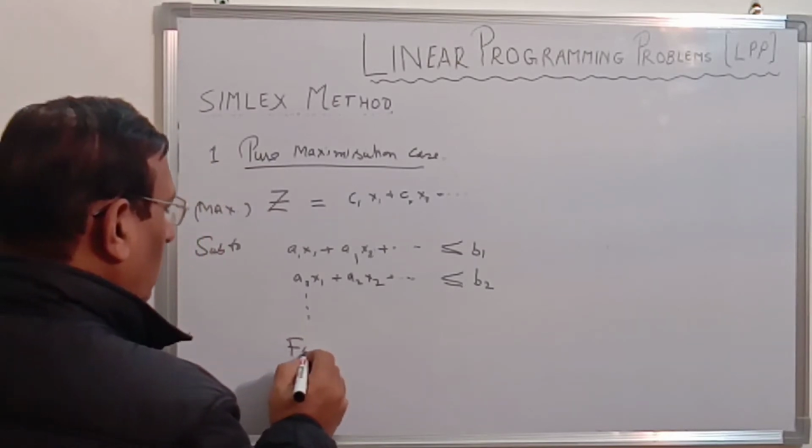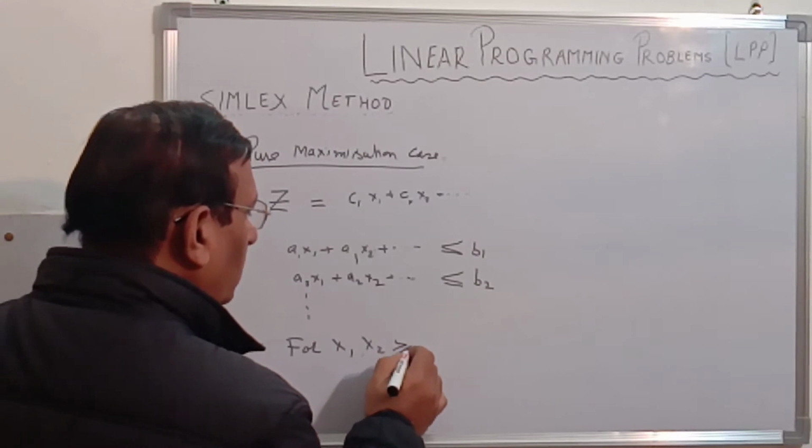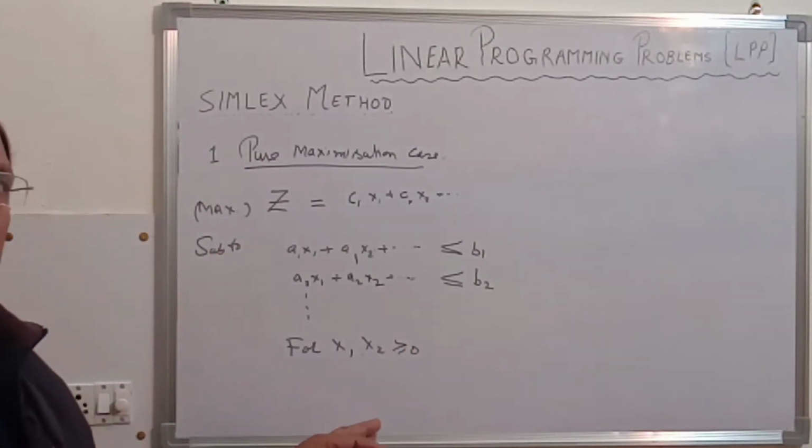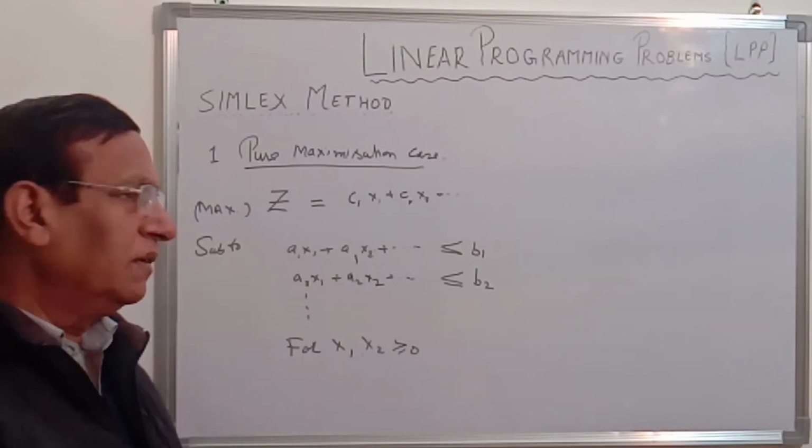For all x1, x2 greater than or equal to 0. This is non-negative. This you have to mention. Always be conscious. There is no place for negativity.